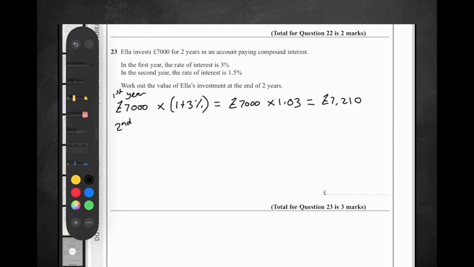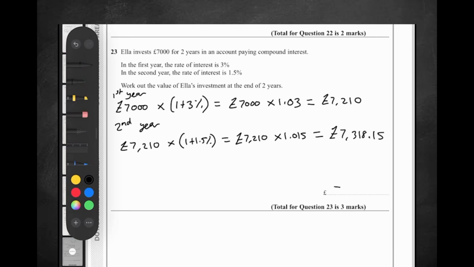And then second year, in a similar way, the interest rate has now changed to 1.5%. So I just need to times our new total figure by that, and we get 7,318.15 on my calculator.